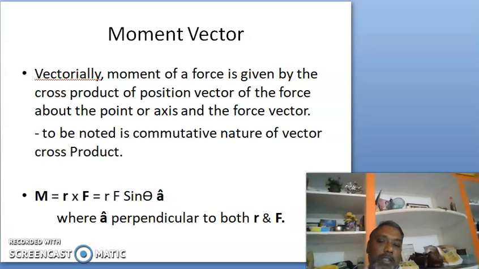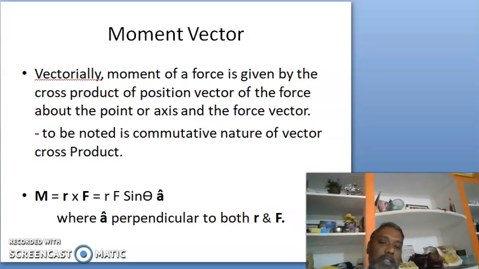So M vector is equal to r vector cross F vector, which is also equal to r F sine theta into a cap, where a cap is the direction perpendicular to both r vector and F vector, which can be said as the direction perpendicular to the plane containing both the position vector and the force vector.